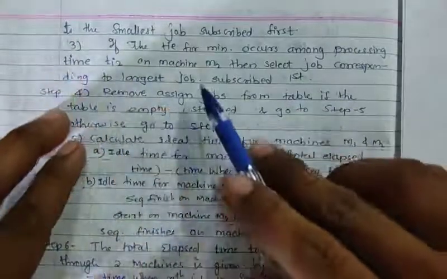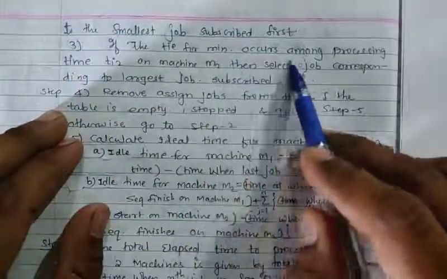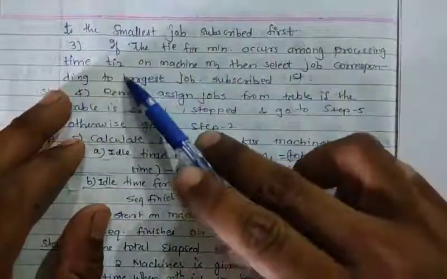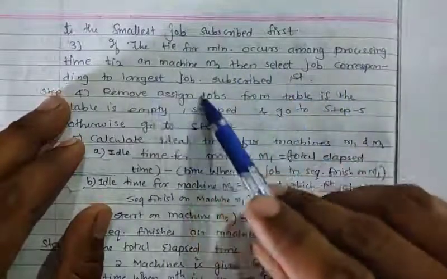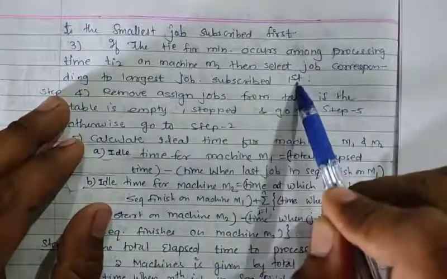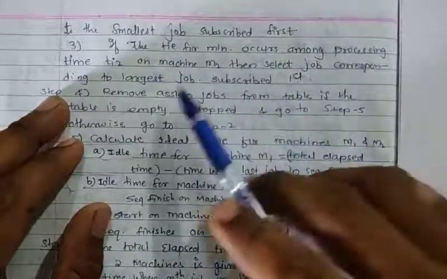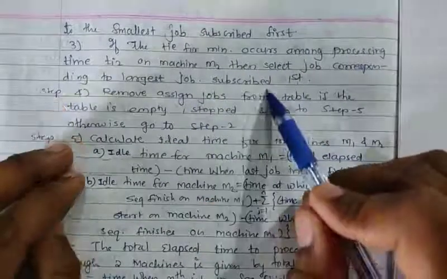Third condition: if a tie for the minimum occurs among processing times Ti2 on machine M2, then select the job corresponding to the largest job subscript first.